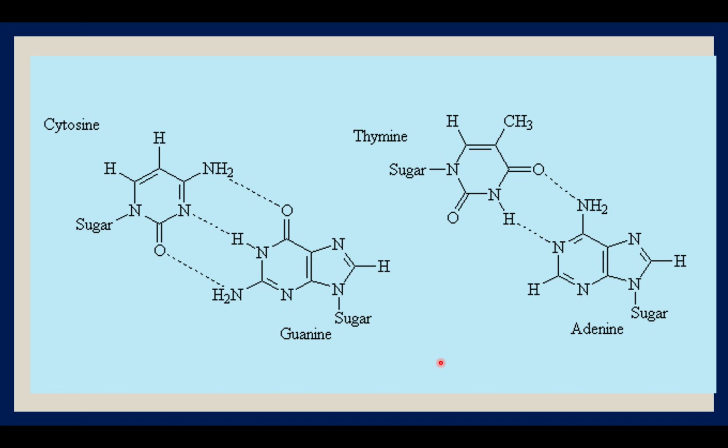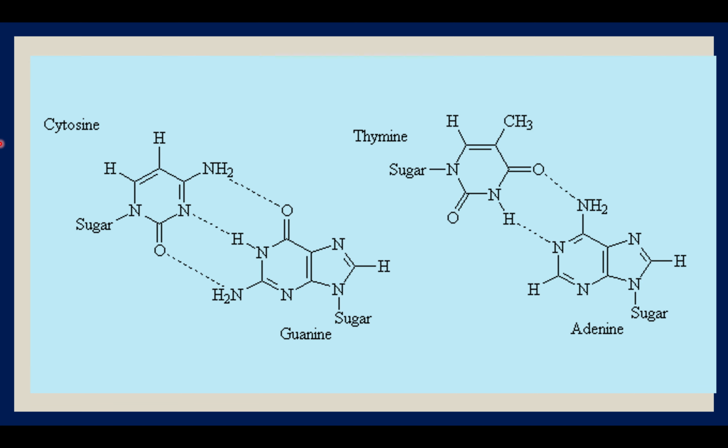Now, this is the bonding that occurs between purines and pyrimidines. First of all, this is the rule. You have to pair a purine with a pyrimidine all the time. That is how they pair. Now, there are 2 types of pairing that can happen in DNA. You can pair cytosine, the pyrimidine of the pair, with guanine, the purine of the pair.